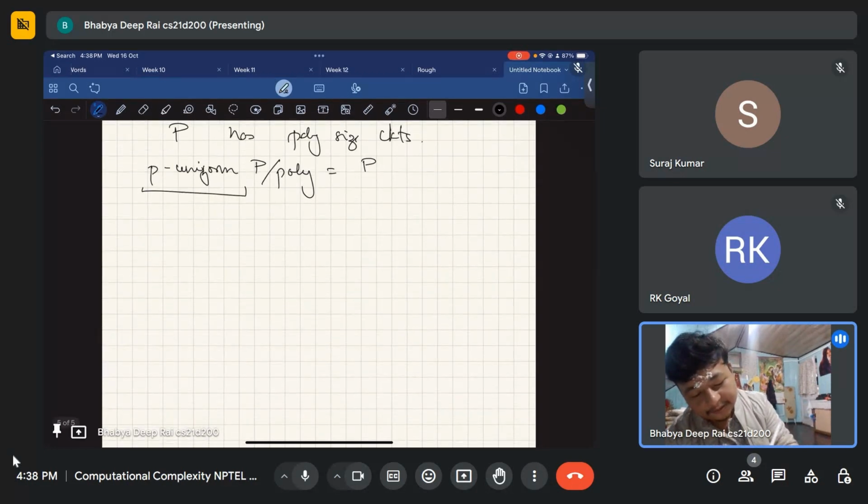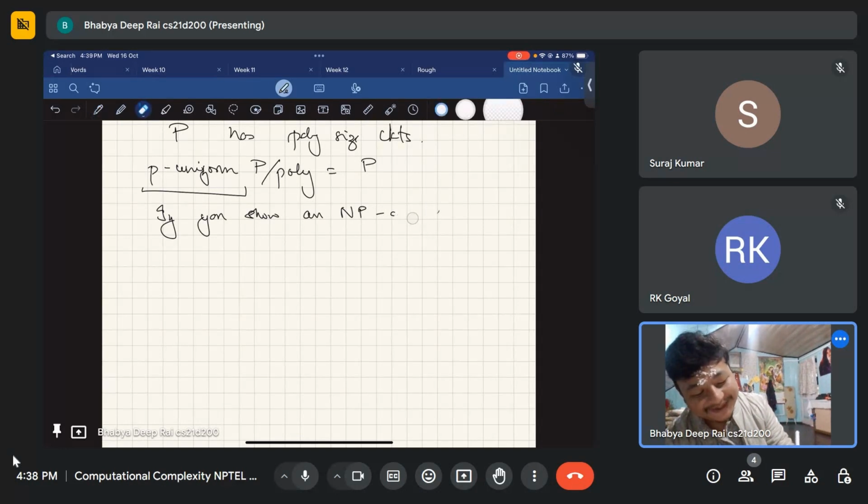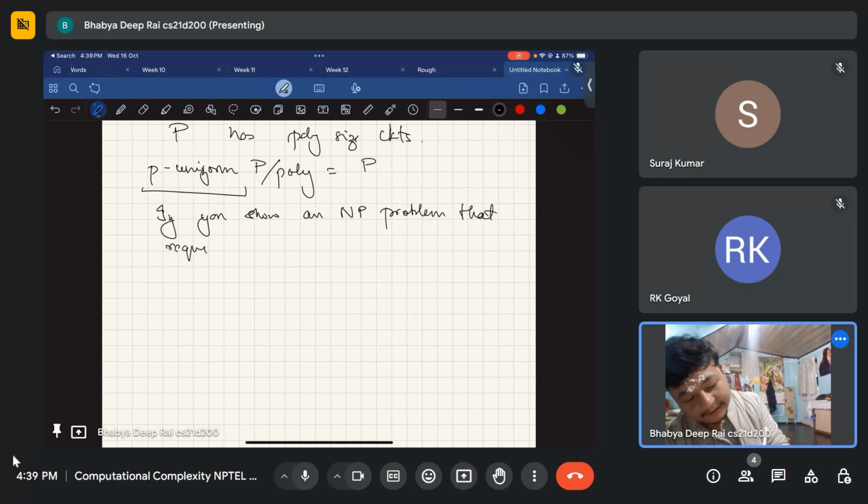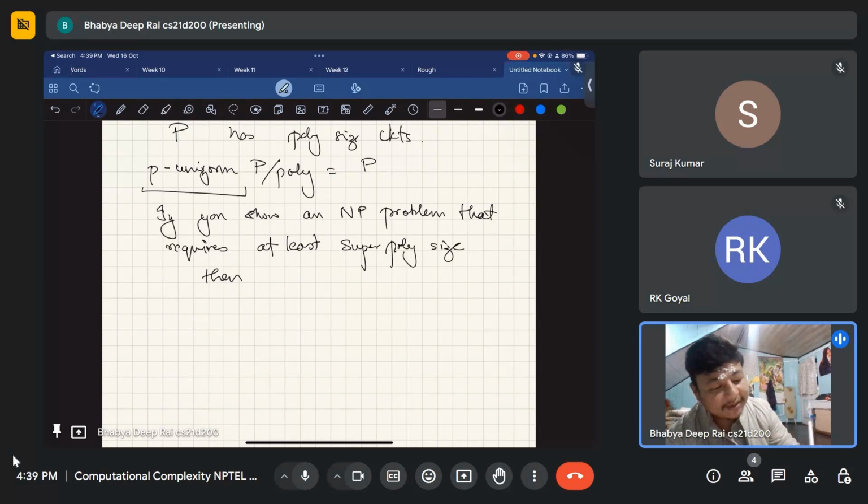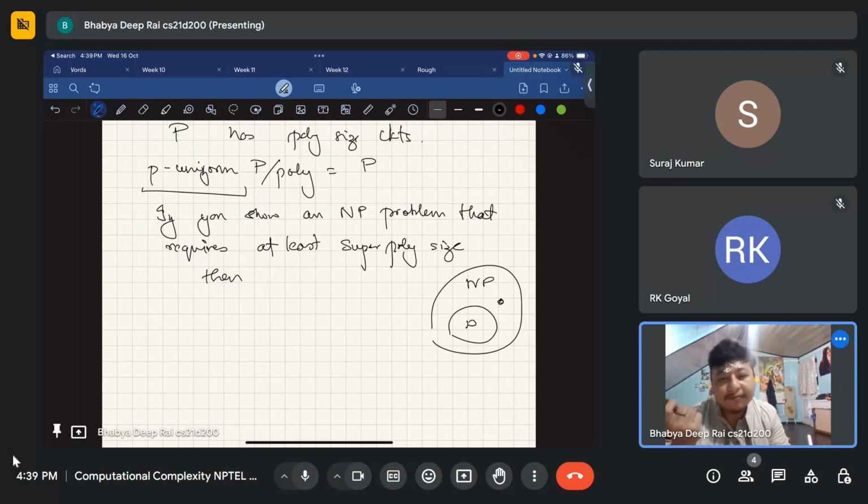So what you want to do is, if you show an NP problem, not even an NP-complete problem, that requires at least super-polynomial size circuits, say exponential size, or even n to the log n size circuits, anything greater than polynomial, but P is happy with polynomial size circuits.